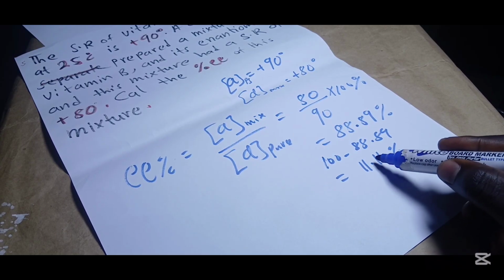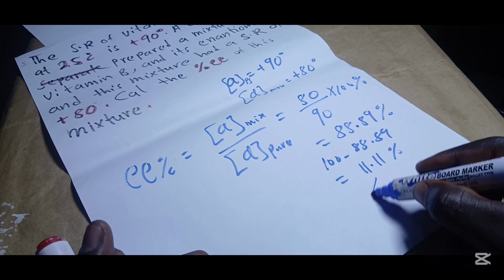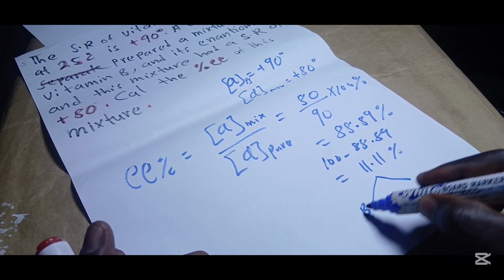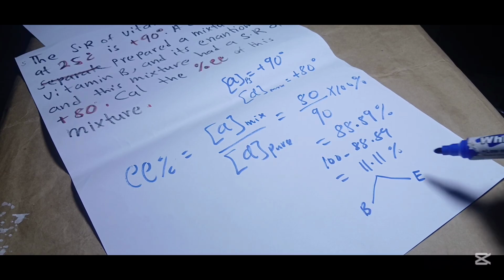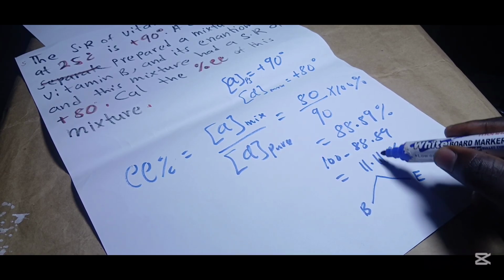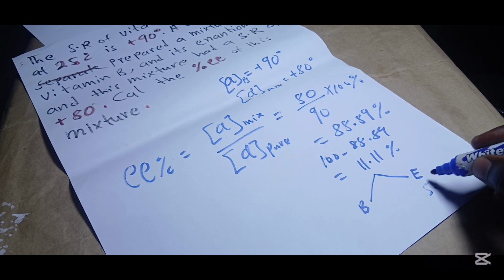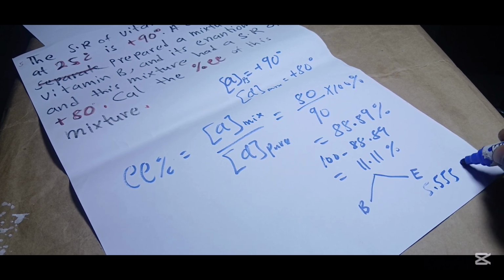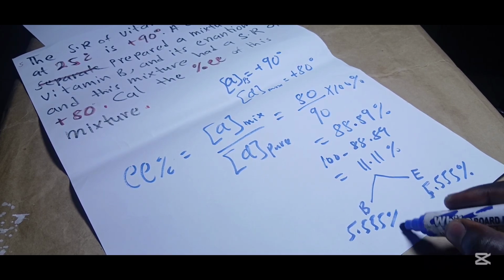And this racemic mixture was formed by vitamin B and its enantiomer. Let's represent it by E. So if we divide this 11.11 into 2 exactly, we are going to get 5.55%. Use the calculator to do that. Yes, 5.55%.